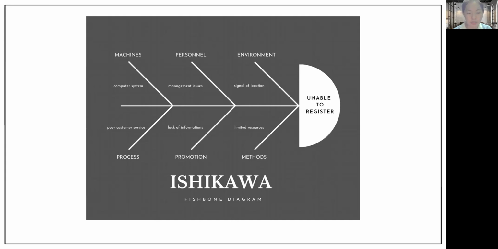Under the process, we have poor customer service. So why poor customer service? The enrollment status prohibits registration. It generally refers to an advising flag.